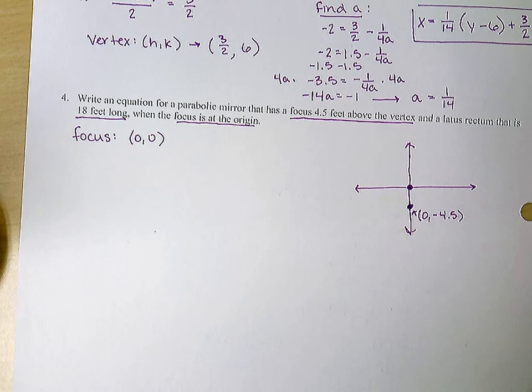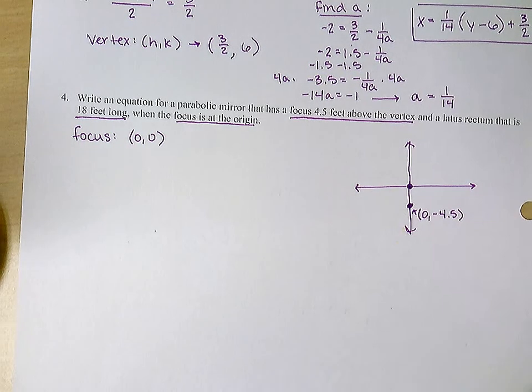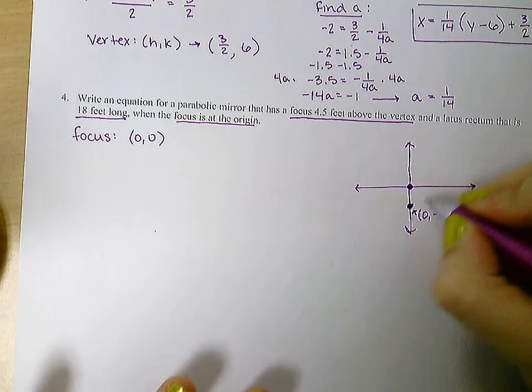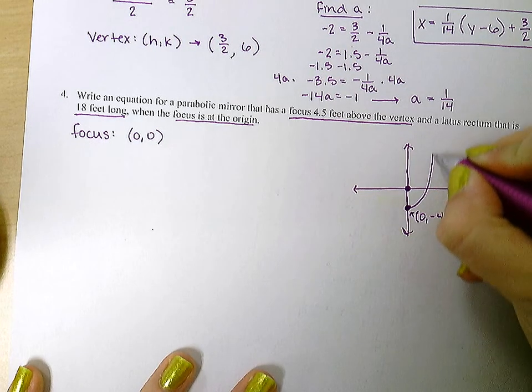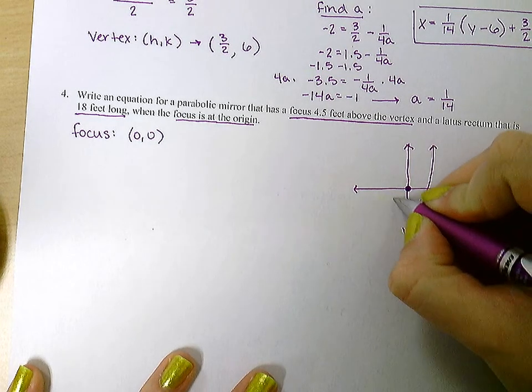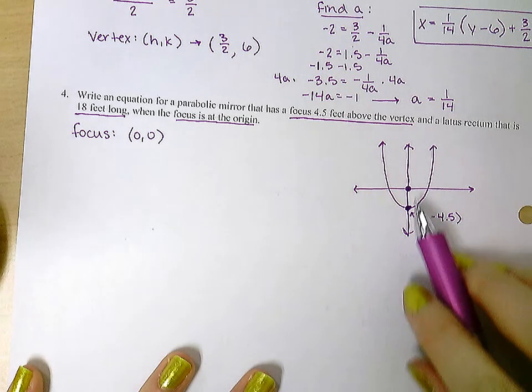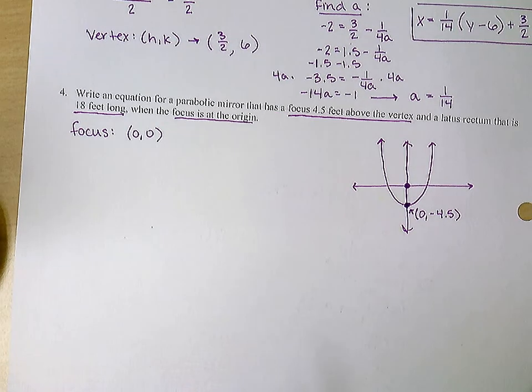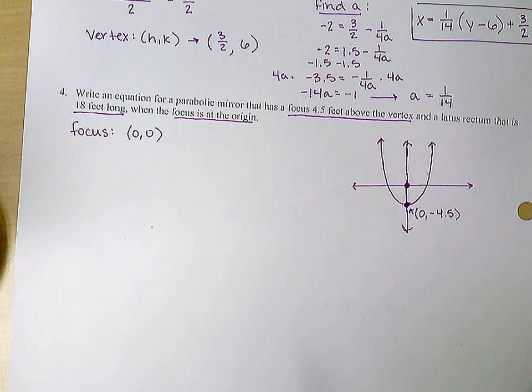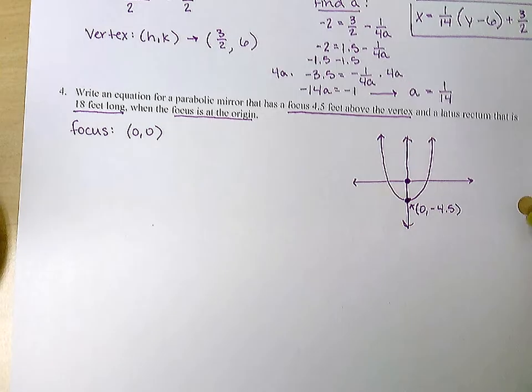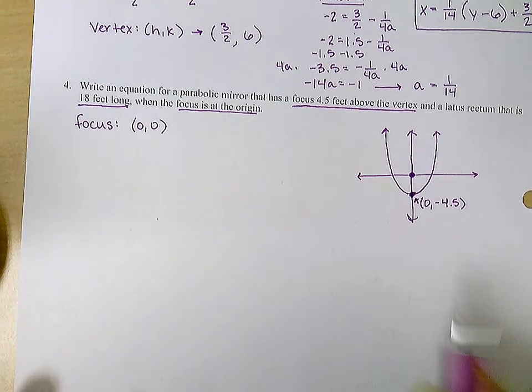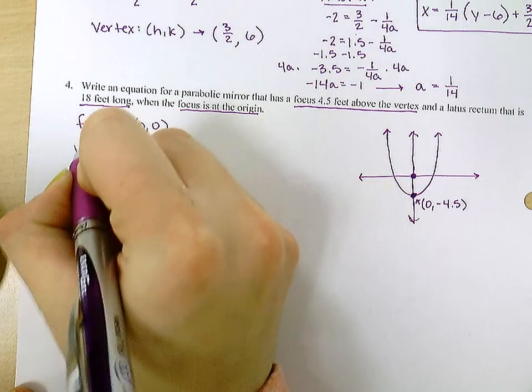Now, your focus is always on the inside of the parabola. It's never on the outside of it. So that means your parabola is going up this way. So this is your vertex point.